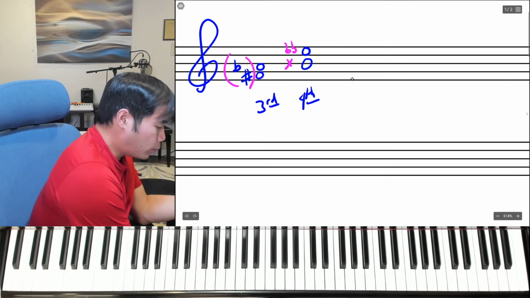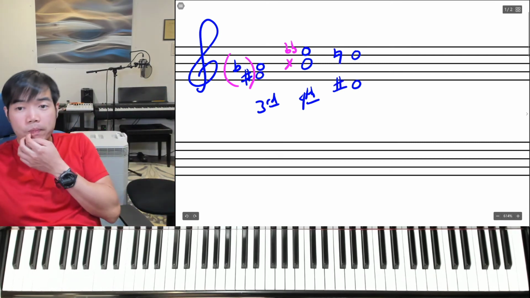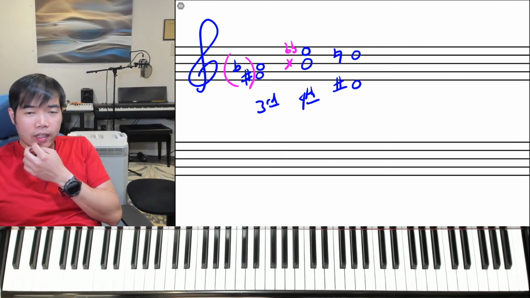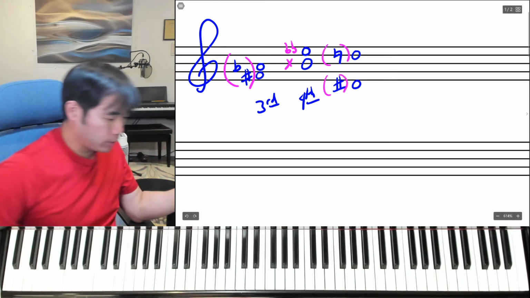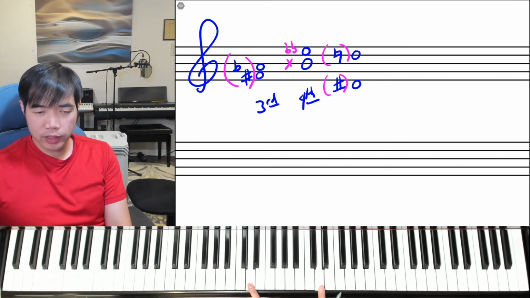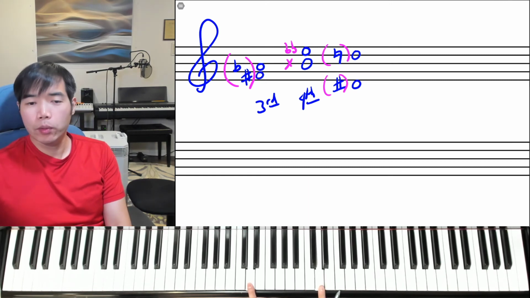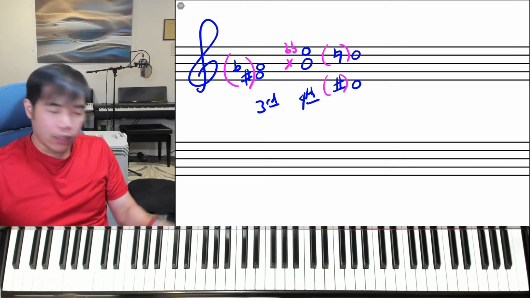And just to drive this point home, let's do one more. I'll make this a natural. I'll make this a sharp. Again, we are going to ignore these accidentals. We just care about the letter names themselves, D to D. D to D is always going to be 1, 2, 3, 4, 5, 6, 7, 8, an octave.